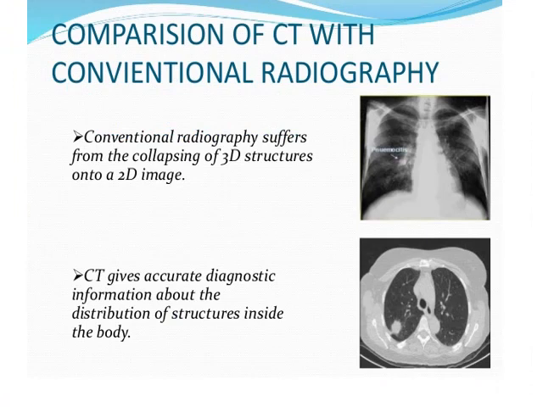Now when we compare CT with conventional radiography or X-ray, the first figure is a conventional radiograph. It suffers from collapsing of 3D structures into a two-dimensional image. The second figure is the same structure taken through CT, and it gives accurate diagnostic information about the distribution of structures inside the body.